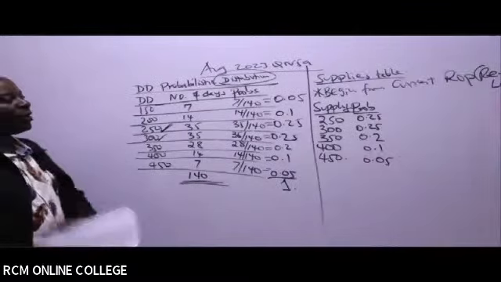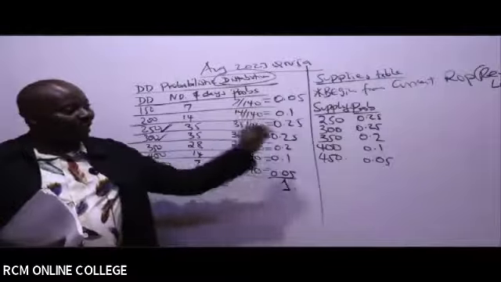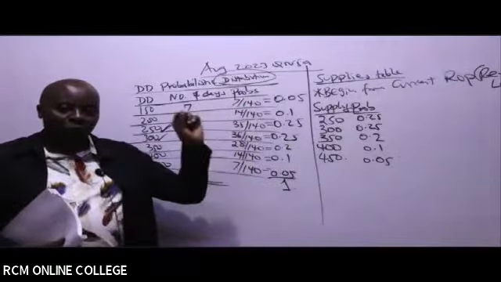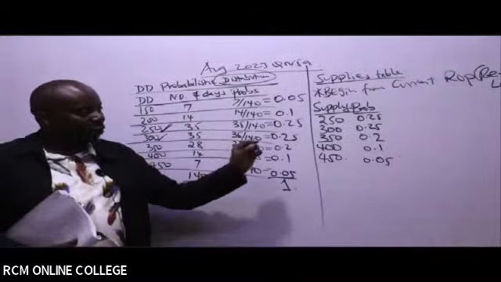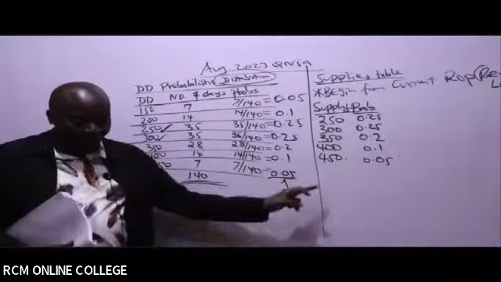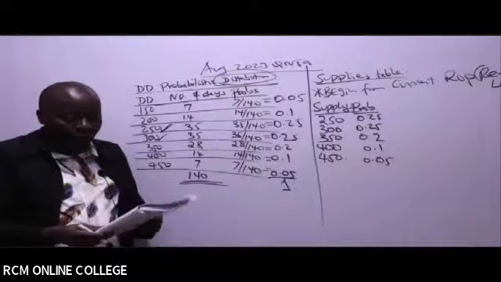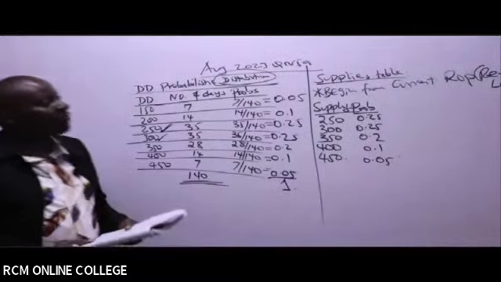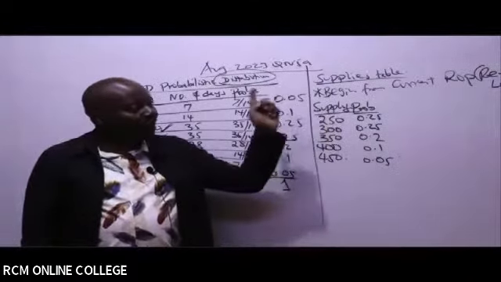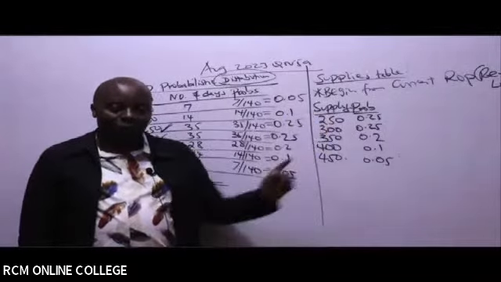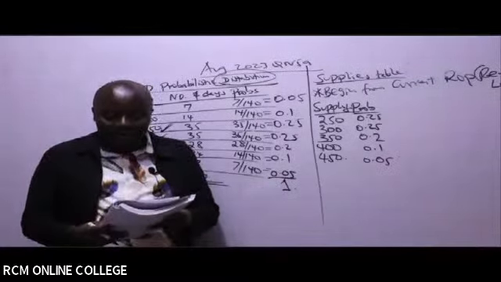The supplies table is very, very sensitive to us. You always start with what you are supplying currently, the current reorder period. Why did I pick 250? Because it is the rule. Under the supplies table, you shall always begin from the current reorder point or reorder level. If you look at note number 7, they've given you the current at present.